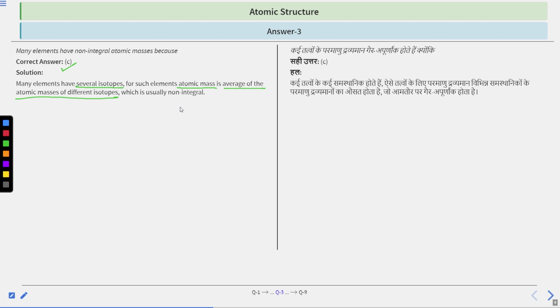Whatever average atomic mass comes out will be the atomic mass of the element X. We calculate the atomic mass of elements having several isotopes in this manner, and the average is usually non-integral. That is the reason many elements have non-integral atomic masses. This is the correct explanation, and thus option C is the correct one.